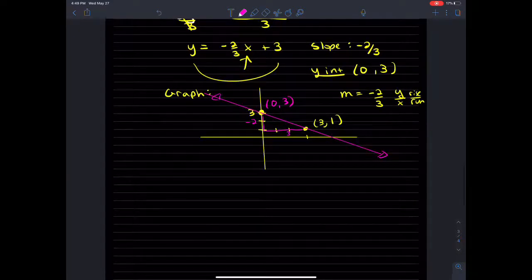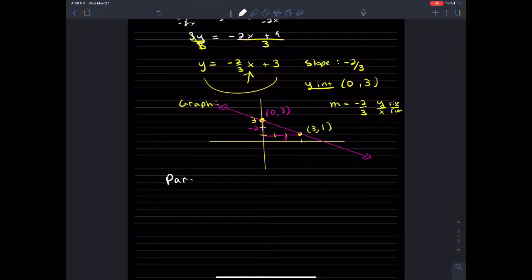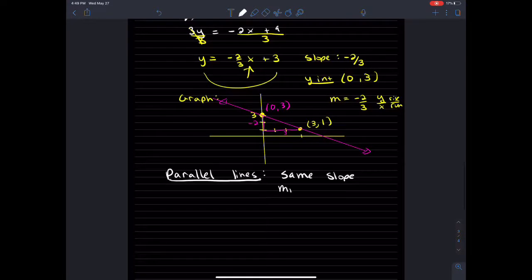Going on. If we have parallel lines, it means they have the same slope. So that would mean m1 is equal to m2. If I have perpendicular, then they are the negative reciprocal of each other. I'll write that, negative reciprocal.